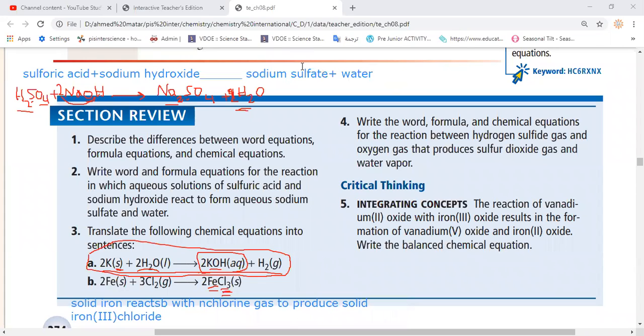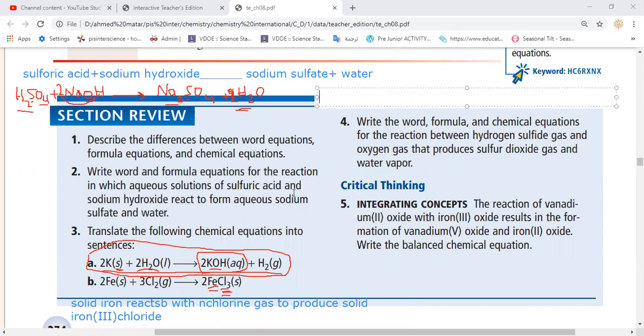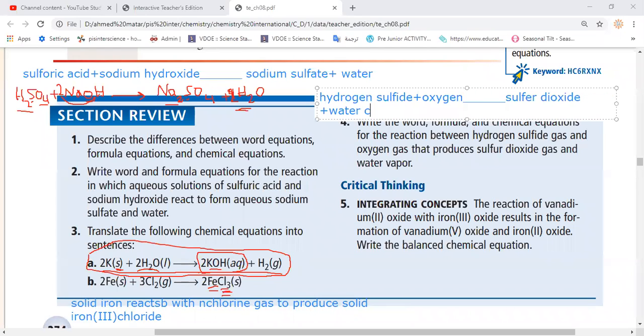So we need to write the word equation first. Just words. Hydrogen sulfide plus oxygen will give us sulfur dioxide, so it will produce sulfur dioxide plus water vapor.